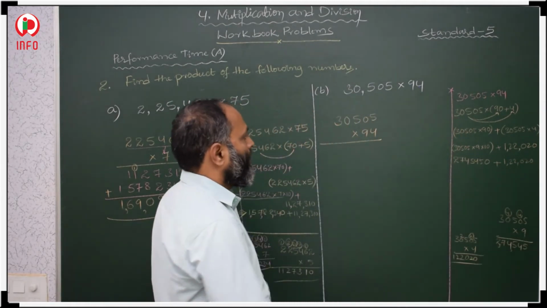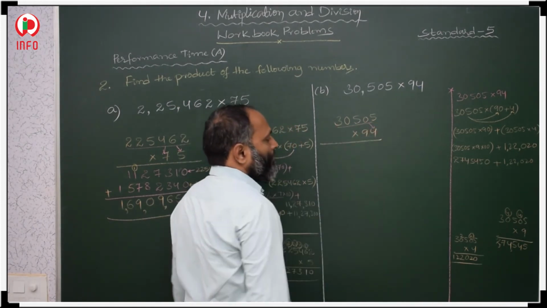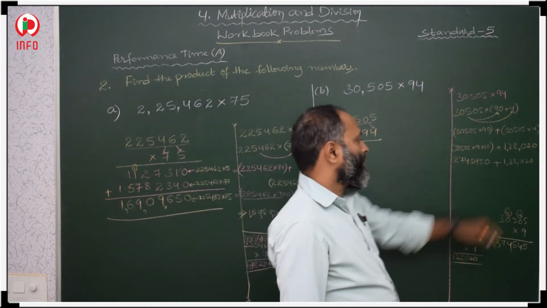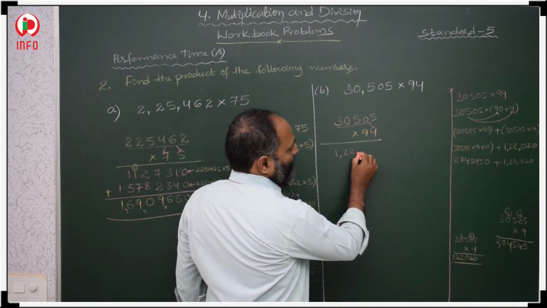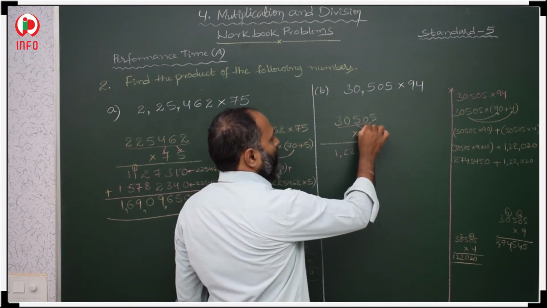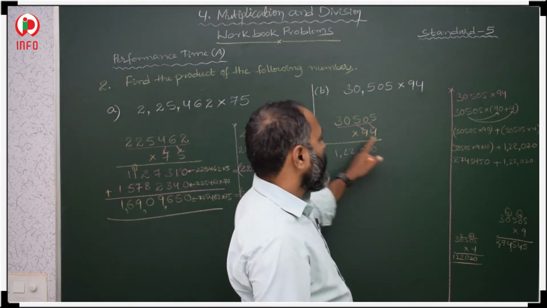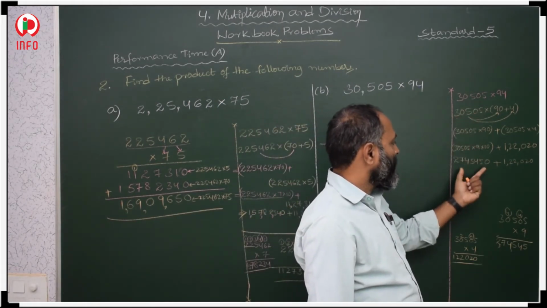Now, first 30,505 multiply with 4. So what is the product here? 1,22,020. Next, 30,505 90s are.